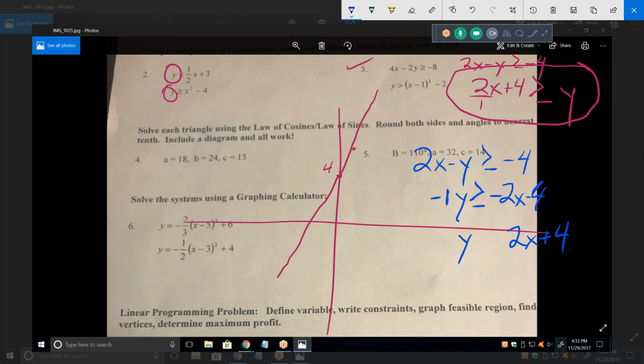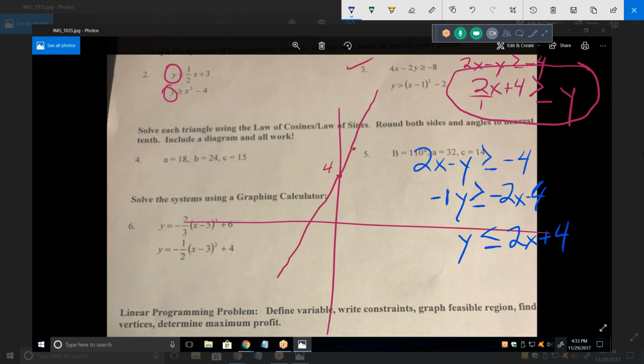The only difference in an inequality and an equation is when you divide both sides by a negative number or multiply both sides by a negative number, you have to switch the direction of the inequality. So it becomes not greater than or equal, but less than or equal.